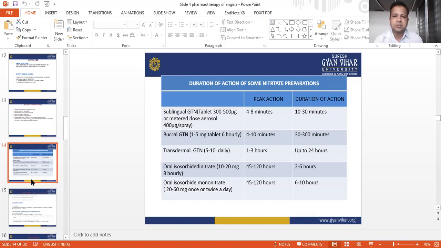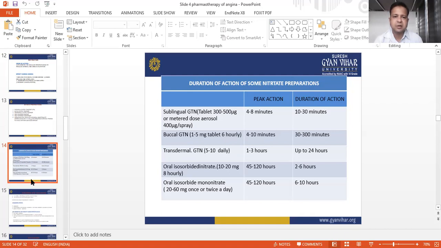The peak action would be in 4 to 8 minutes, and the duration of action is 10 to 30 minutes. Second preparation, that is a buccal glyceryl trinitrate, 1 to 5 mg tablet, 6 hourly, peak action 4 to 10 minutes, and duration of action 30 to 300 minutes.